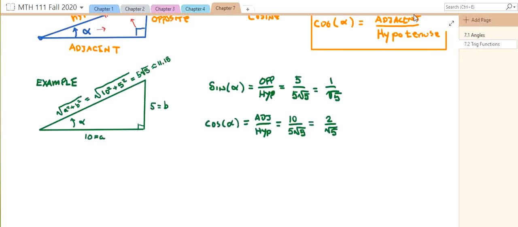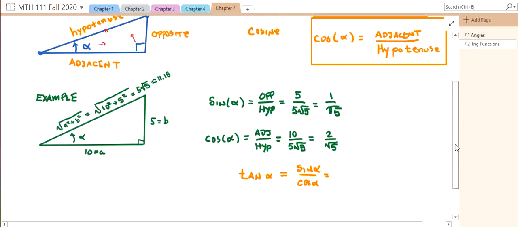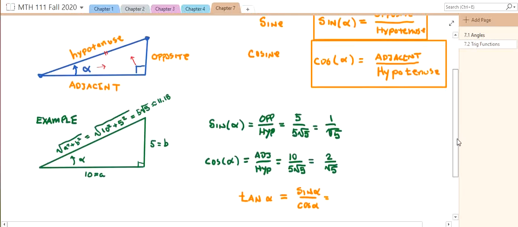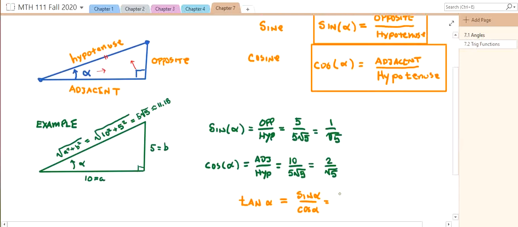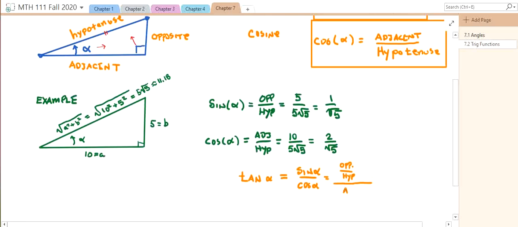We have one more common trig function called the tangent of alpha. The tangent of alpha equals sine of alpha over the cosine of alpha, which if we substitute in from up above, we have the opposite over the hypotenuse divided by the adjacent over the hypotenuse.